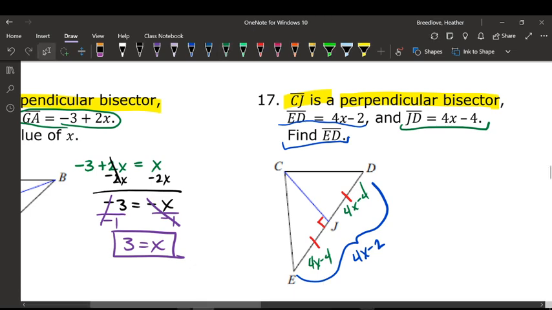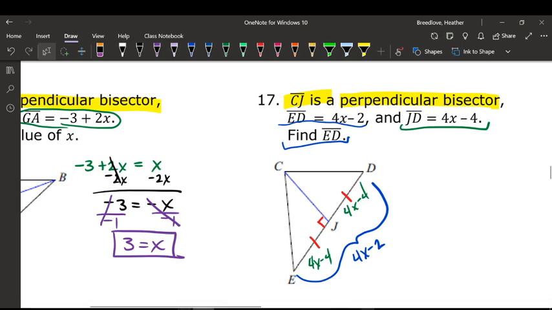So you can either say 2 times 4x minus 4 equals the whole length, 4x minus 2, or you could say that 4x minus 4 plus 4x minus 4 equals 4x minus 2. I prefer the multiplication, so that's the way I'm going to set it up. Because it's bisected, I know it's 2 times 4x minus 4 and it's going to equal the length of the long value, 4x minus 2.